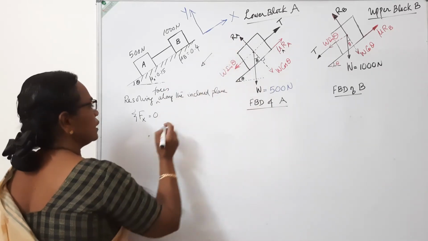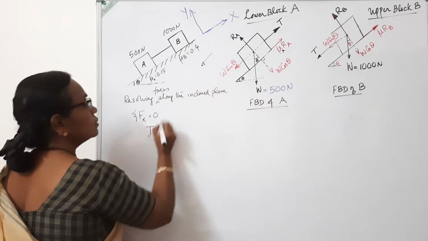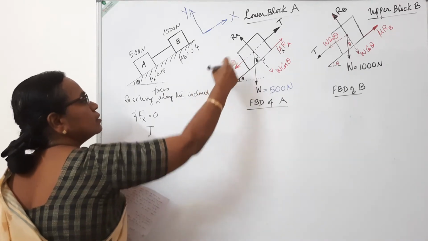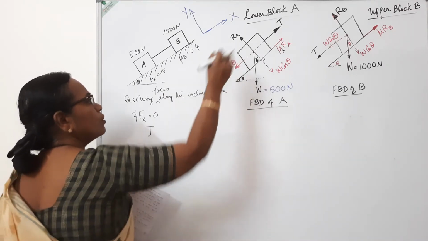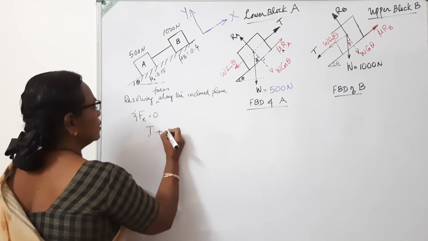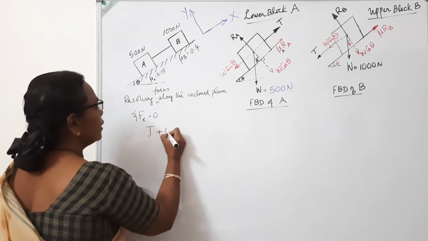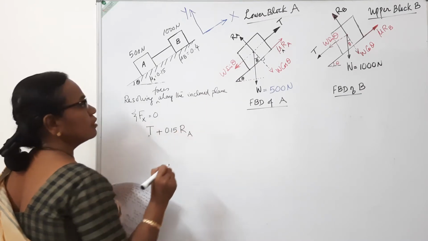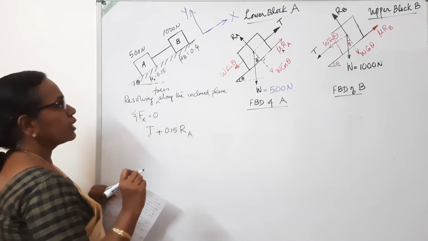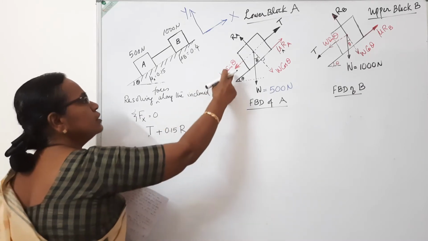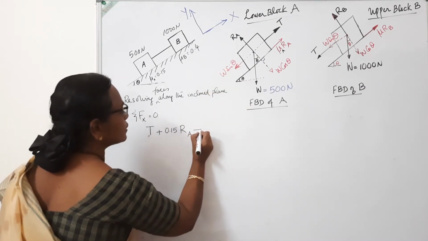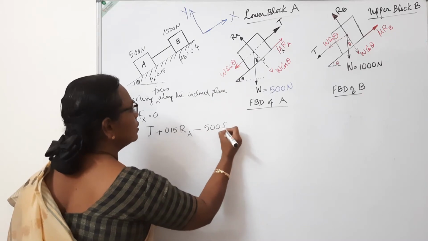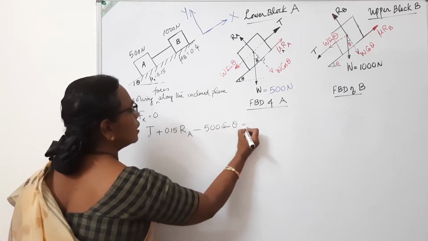T acting in the positive direction, then the frictional force mu A RA, with mu A is 0.15, also acting in that direction. Two forces in that direction, and W sin theta in the opposite direction. So minus W sin theta, that is 500 sin theta, is equal to 0.